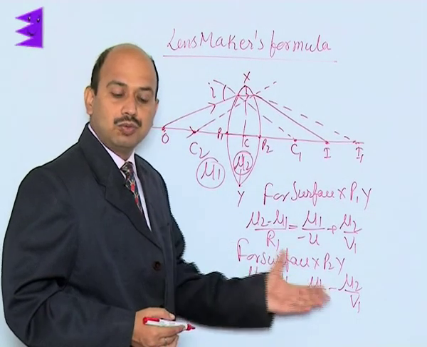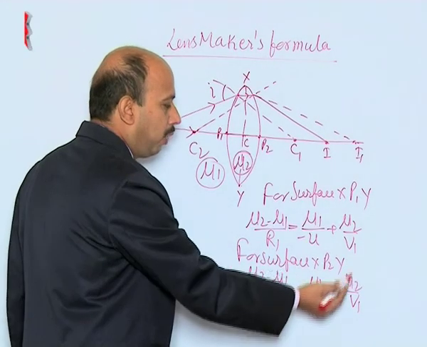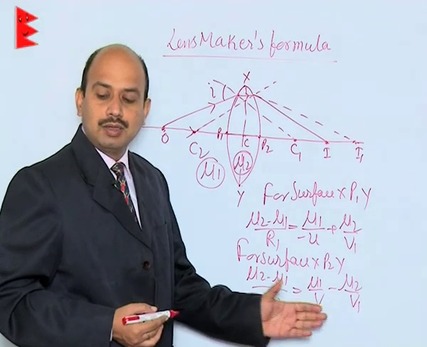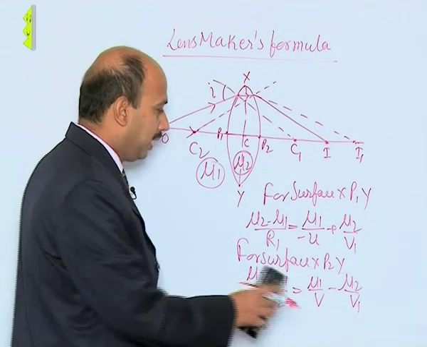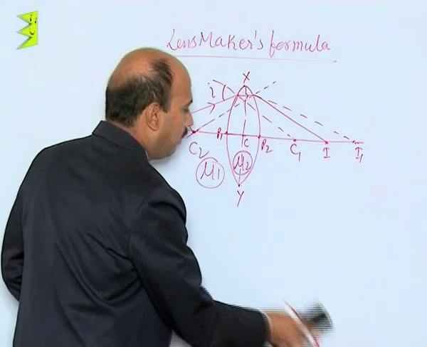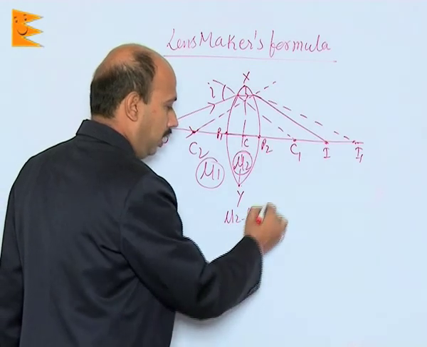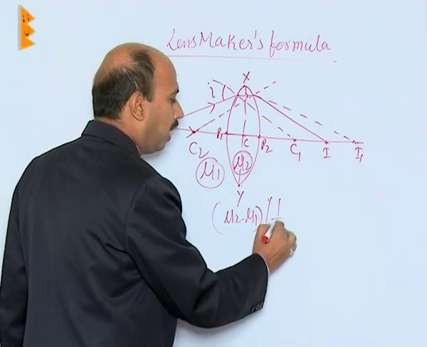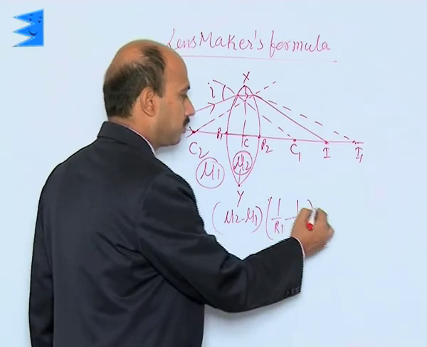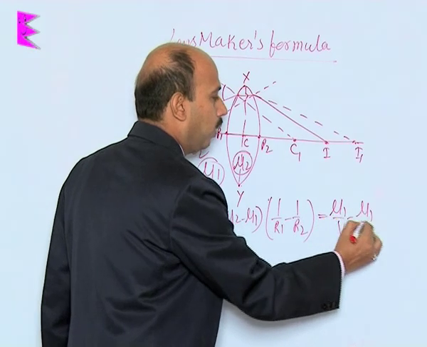Now, you add these two. As we add these two, see here there is a mu2 upon v1 and there is a minus mu2 upon v1, these two will get cancelled, and after adding we will get mu2 minus mu1 into 1 upon R1 minus 1 upon R2 is equal to mu1 upon v minus mu1 upon u.